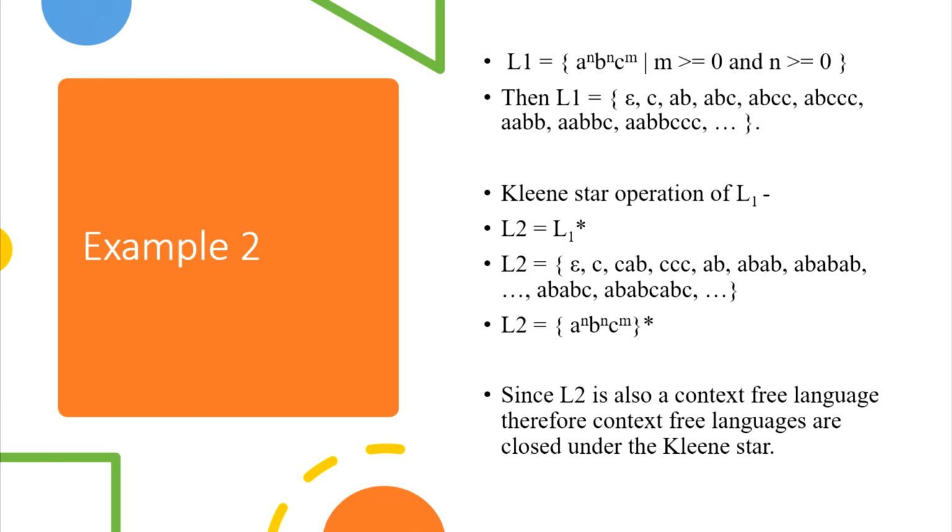And so we have again observed that when we do the Kleene star operation for a context-free language, we get another context-free language, and thus we can conclude that context-free languages are closed under the Kleene star property. And similarly, as I said for the concatenation property, the cases are not limited to the examples. This will work for all context-free languages. When we perform the Kleene star operation on any context-free language, we get a context-free language in return.